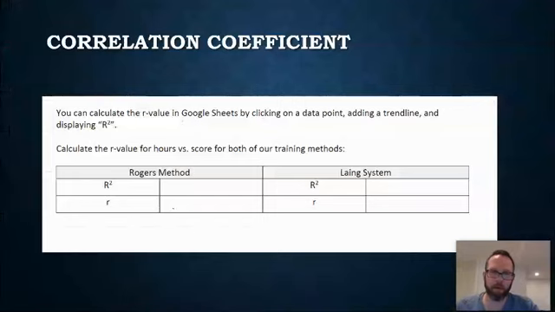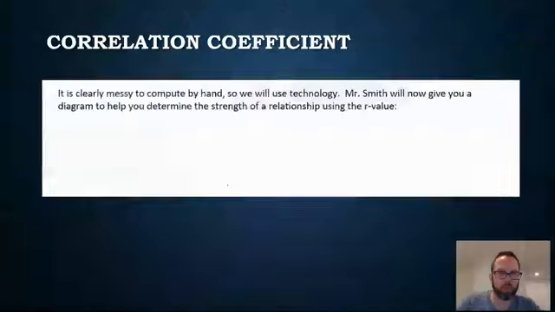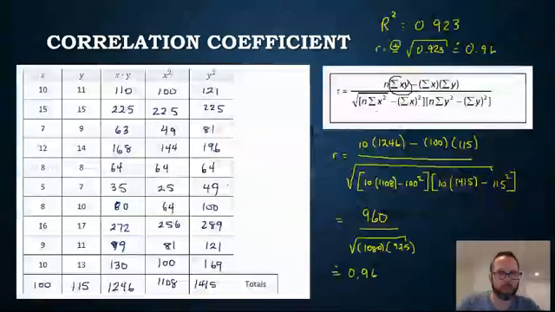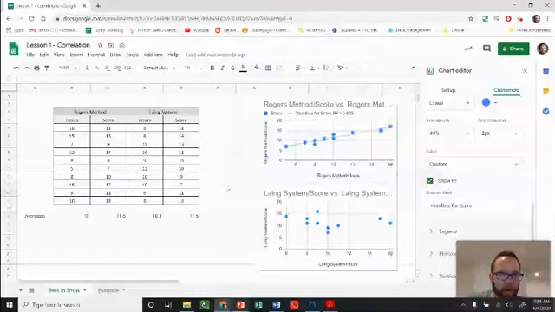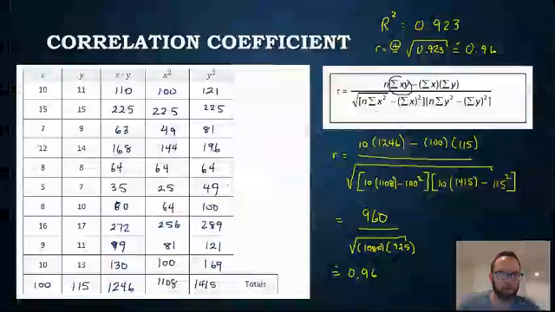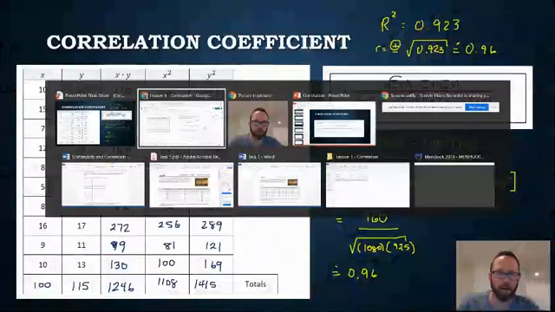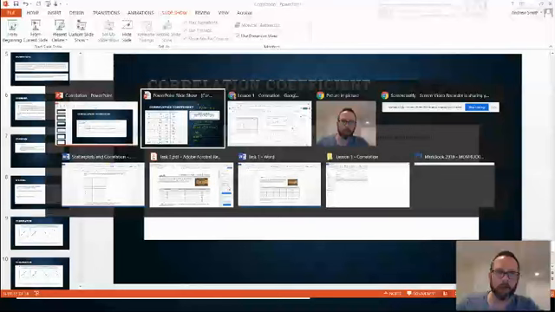In my table here, 0.923. Was it just the Roger's method the whole time? 10, 11, 15, 15. It was the Roger's method the whole time. I knew there was a reason I did that. We already got the Roger's method. That's fantastic. So where are we here?